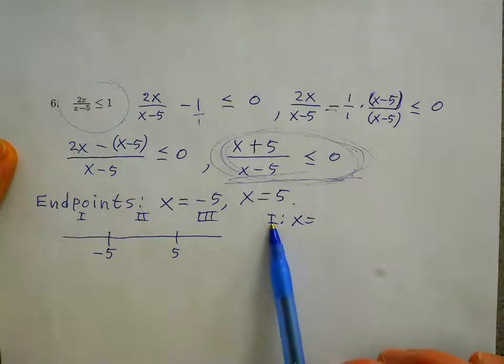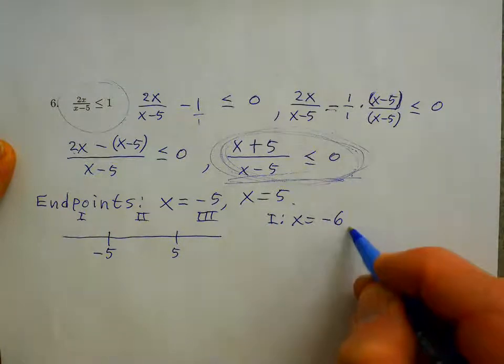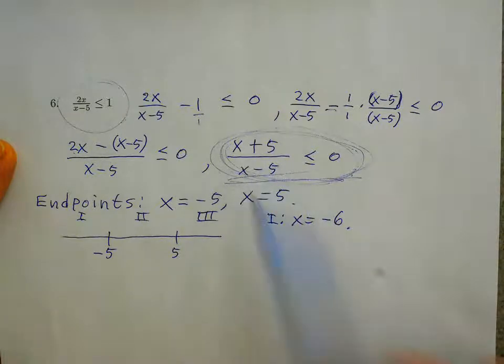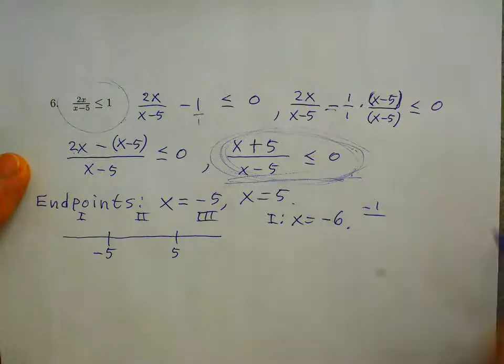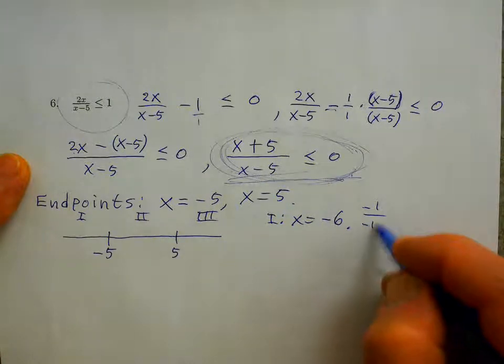So in the interval on the left, let's pick x to be negative 6. And then in this inequality, replace x with negative 6. In the numerator, negative 6 plus 5 is negative 1. In the denominator, negative 6 minus 5 is negative 11.